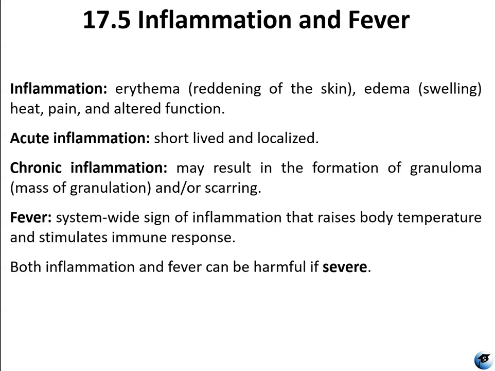Both acute and chronic inflammation exhibit similar signs and symptoms, including redness, localized heat, edema, and pain. Fever is a body temperature above 37 degrees Celsius, or 98.1 degrees Fahrenheit. Fever augments the beneficial effects of inflammation, but like inflammation, it also has unpleasant side effects, including malaise, body aches, and tiredness.